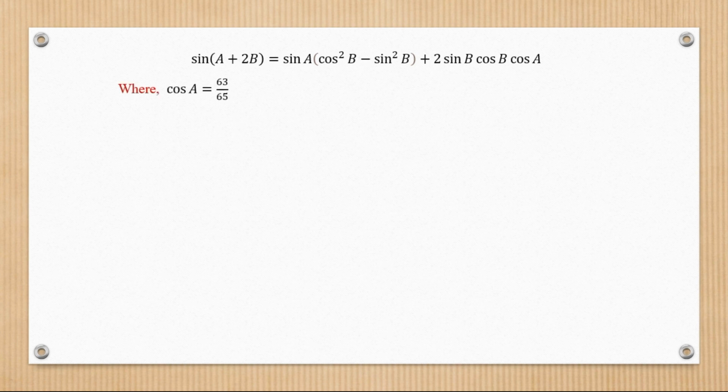So where cos of A is equal to 63 over 65, we can draw a right angle triangle where we let the angle be equal to A. From the knowledge of trigonometry, using the short form SOHCAHTOA, cos is the same as adjacent over hypotenuse. So that means the adjacent is 63 and the hypotenuse is 65.